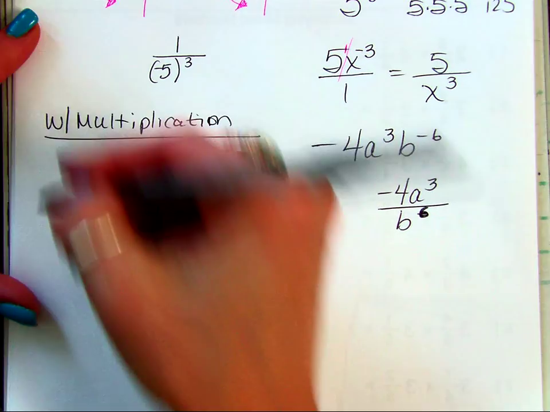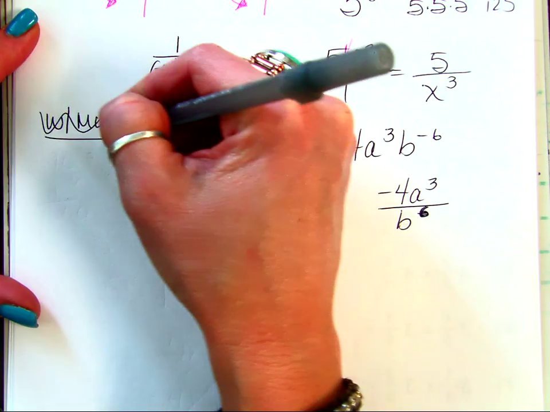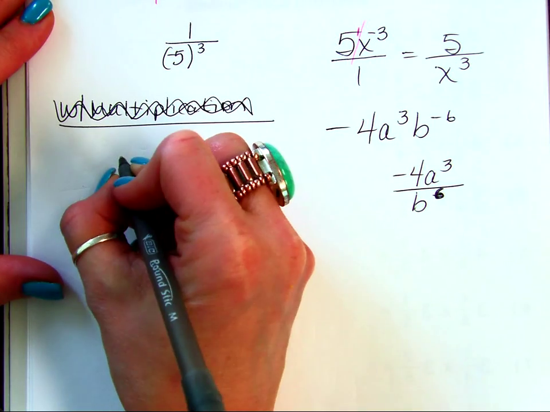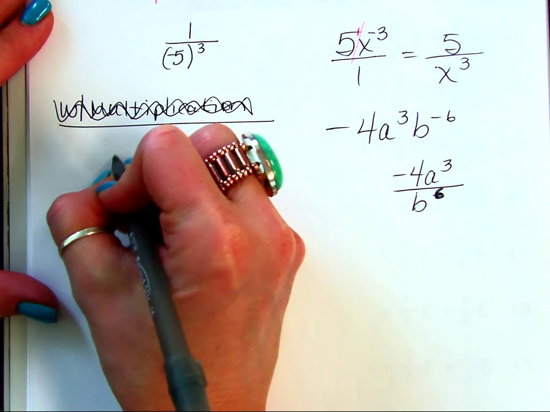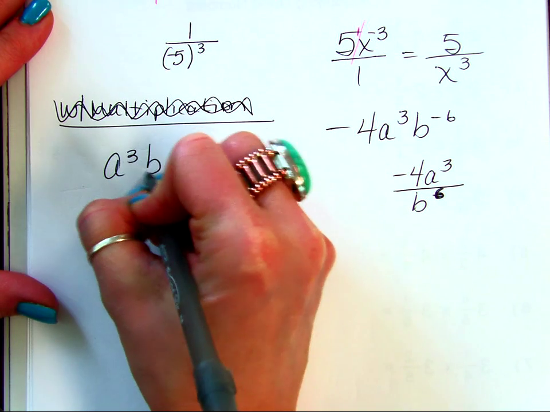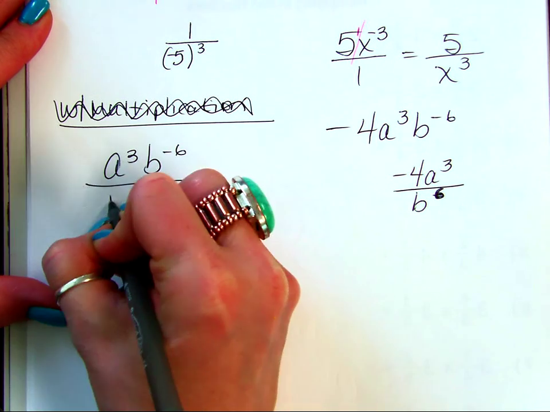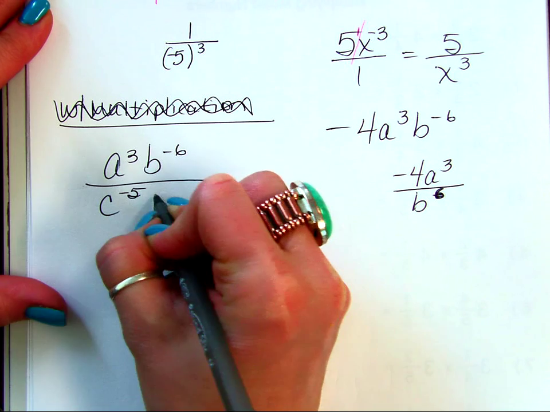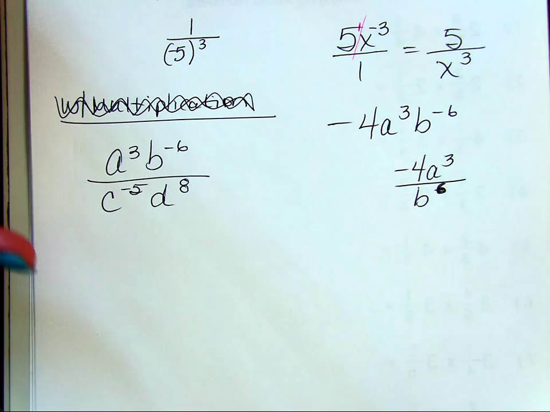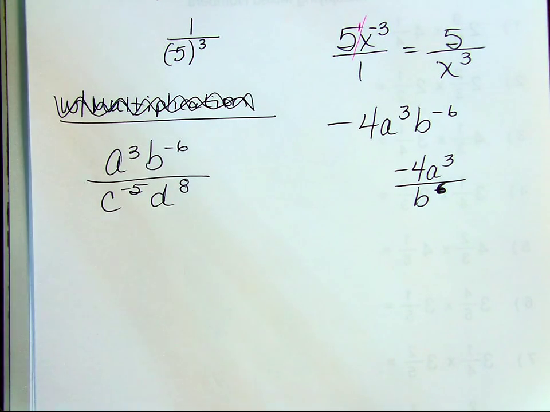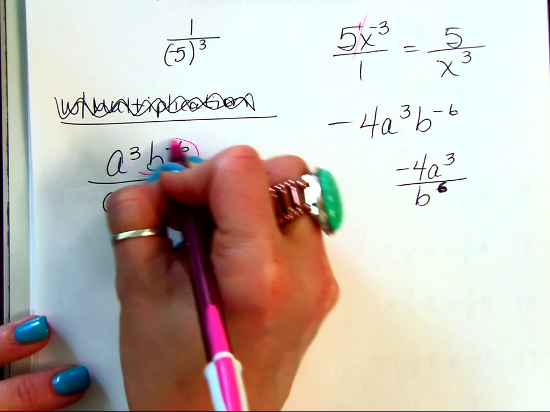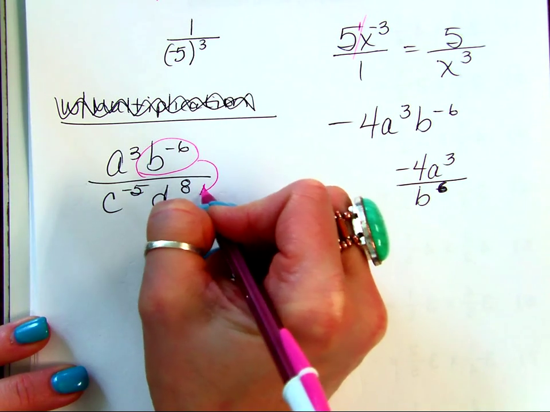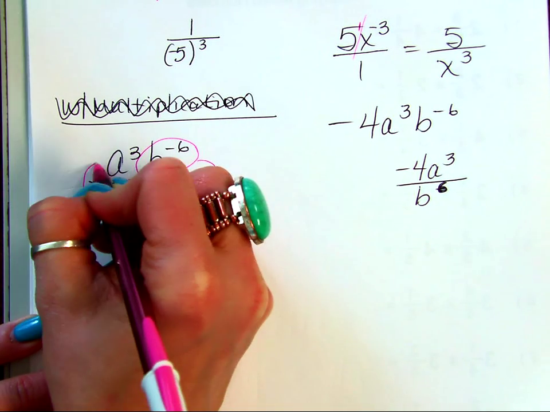So I'm going to kind of write this out because I got one more to show you here. So if I have a to the third, b to the negative 6th, divided by c to the negative 5th, and d to the 8th. If it's got a negative exponent, it's got to move. That has to get here. This has to go up here.